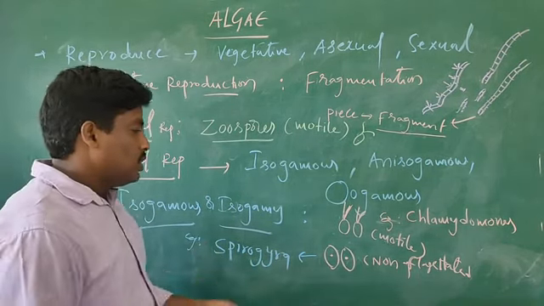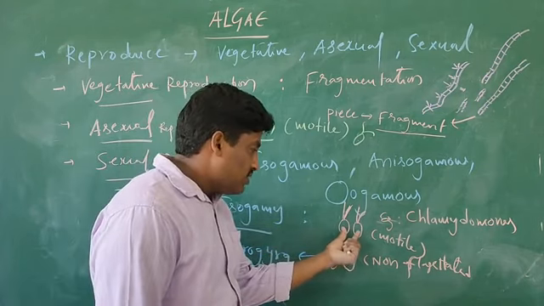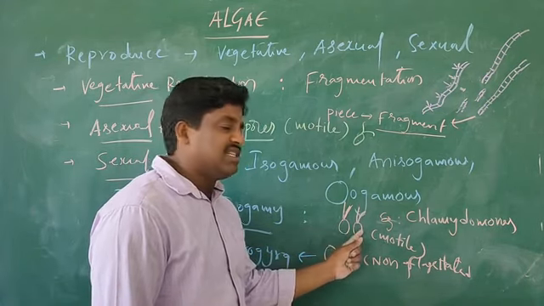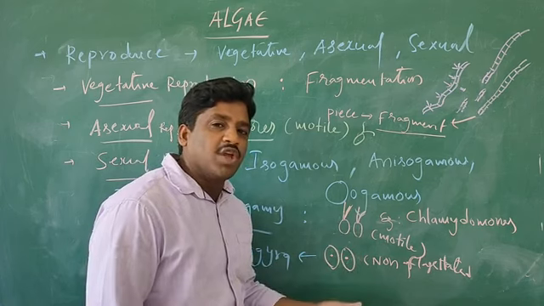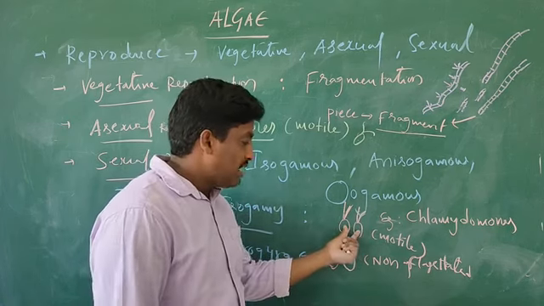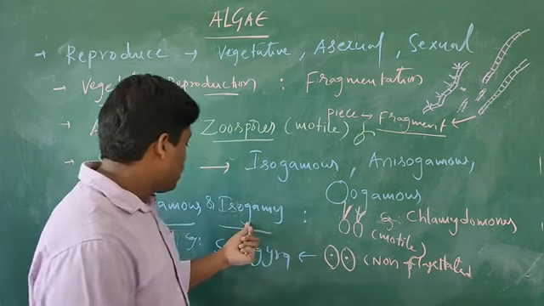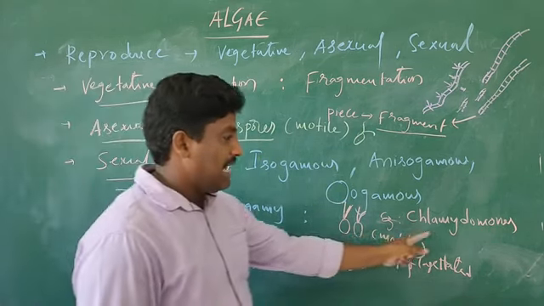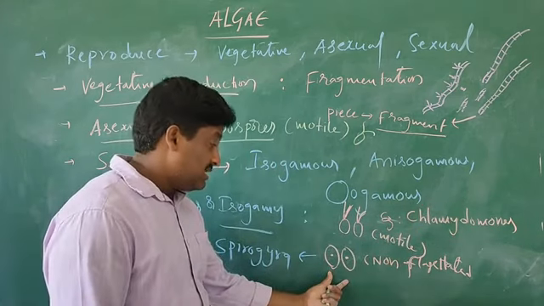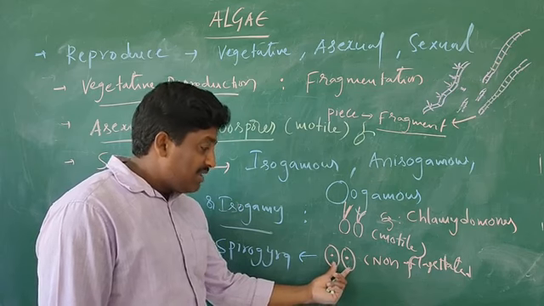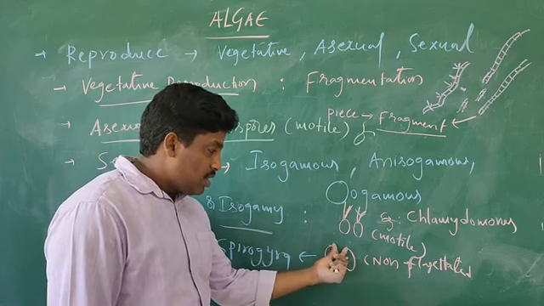See, isogamy means the fusion of gametes similar in size. We are not differentiating male and female, but both gametes have motile nature. Such a fusion we call isogamy or isogamous. Example, Chlamydomonas. And one more isogamy: the fusion of gametes similar in size but non-flagellated.